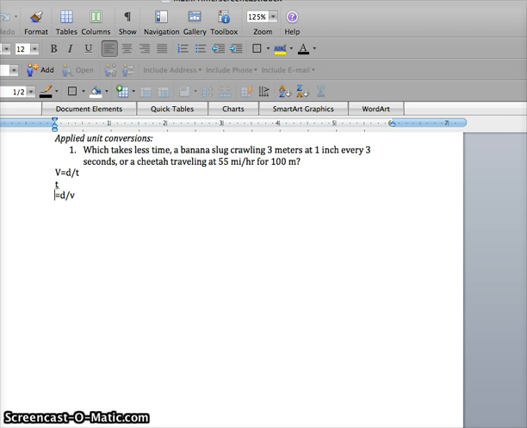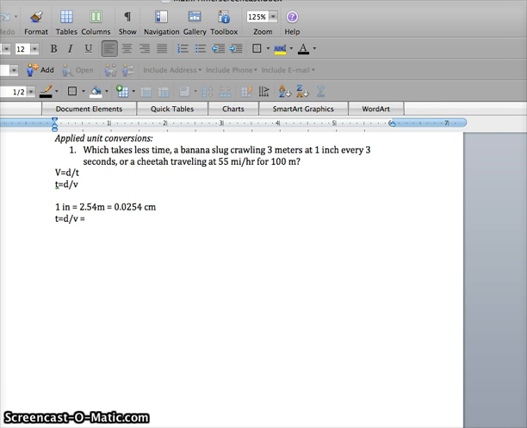We're talking about a banana slug, and if you've ever seen banana slugs, you know this is about how fast they crawl. So 1 inch is equal to 2.54 meters, which is equal to 0.0254 centimeters.